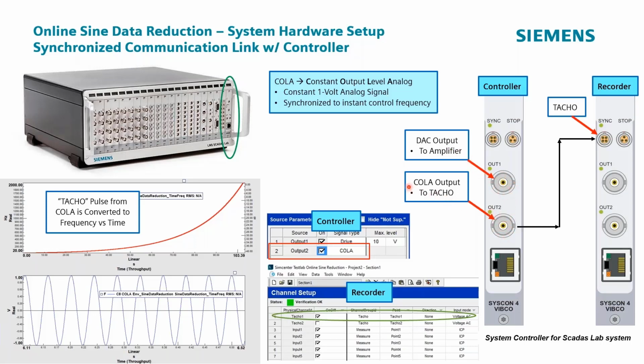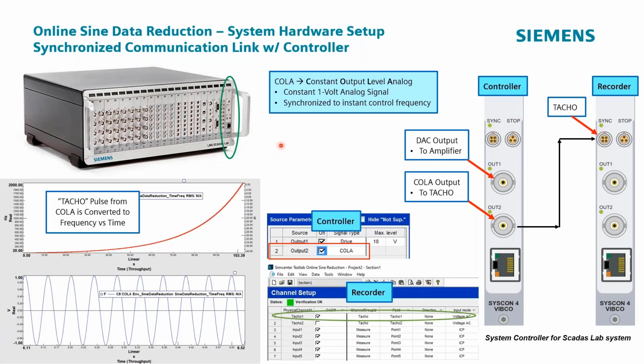This other output puts out this COLA signal that gets plugged into the tacho signal, the tachometer, on your recorder system. And COLA stands for constant output level adapter or analog. What this essentially means is it's going to send a constant voltage signal out to this tacho so that the recorder knows exactly what frequency the controller's at and can then apply that filtering that we talked about before.